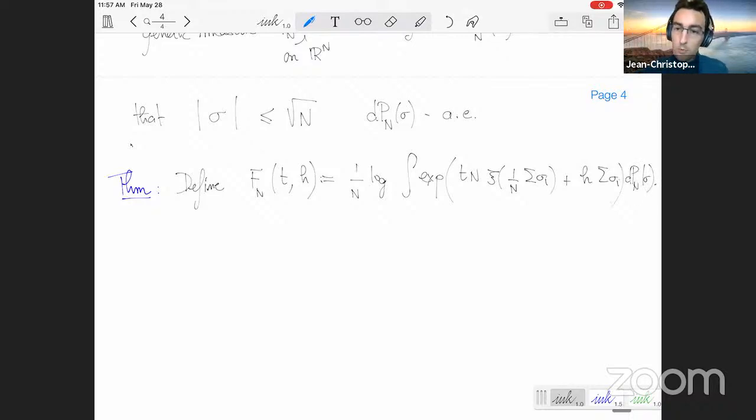I hope you all recognize that somewhere in this notation we can encode the original Curie-Weiss model. We take Pn to be the product of Bernoulli random variables, and we take psi to be the square function. Is that clear?